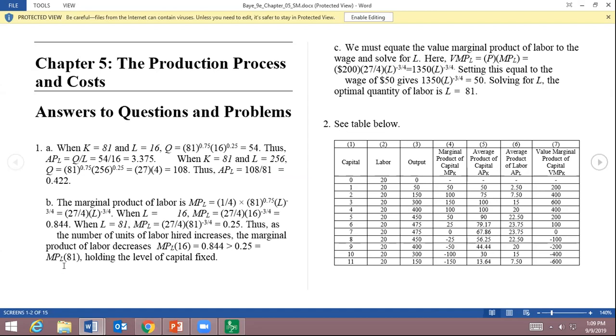Using that same rule here, what do we end up with? K to the 3/4 L to the negative 3/4. And if we want, we can get rid of that negative exponent and have this equal K to the 3/4 over L to the 3/4.